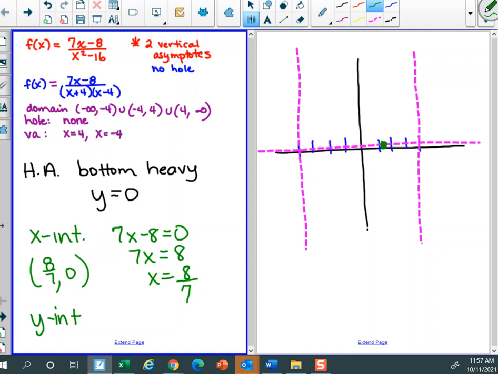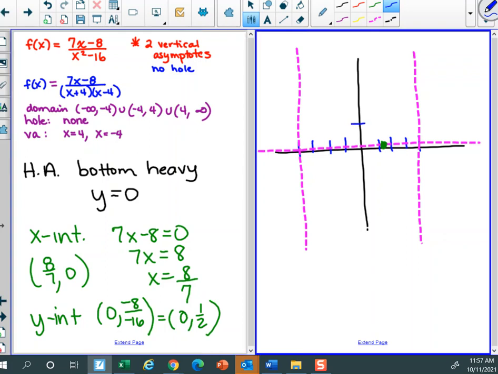Y-intercept, oops, my f of 0 means I'll be left with a -8 and a -16, which is 0, comma, +1/2. So if I put 1 there, positive 1/2. So I have those 2 points, and that's it.